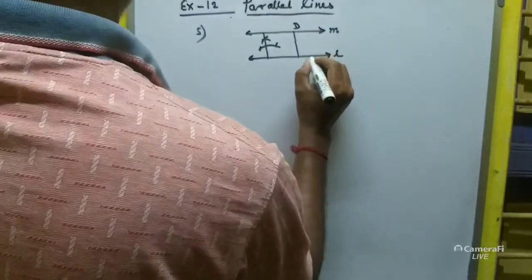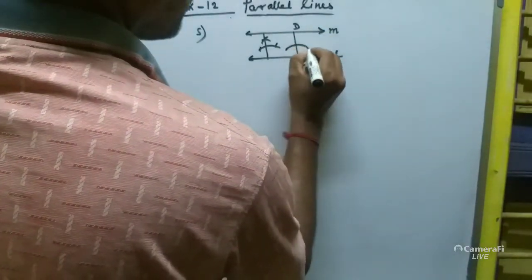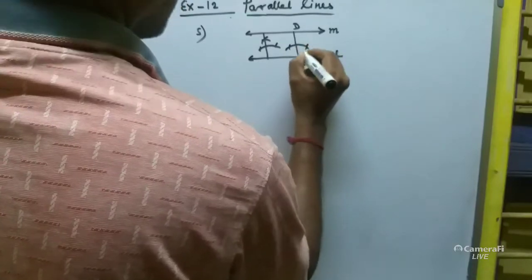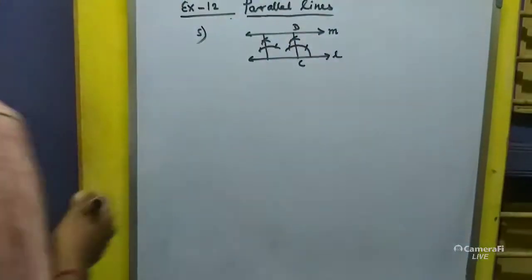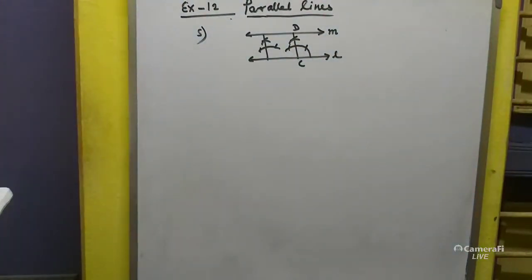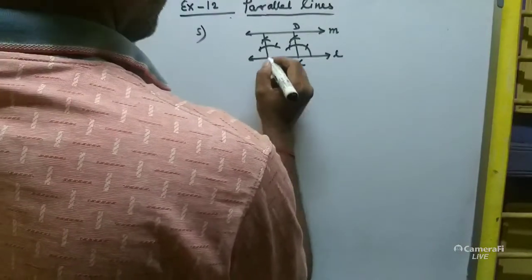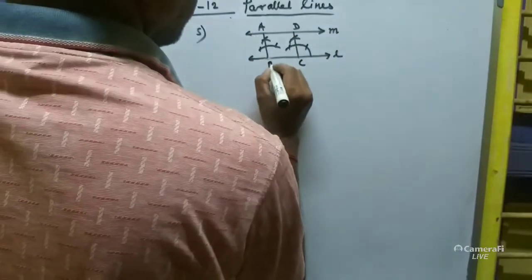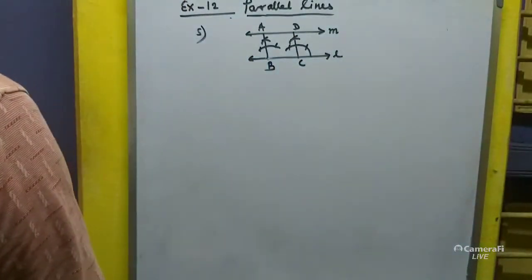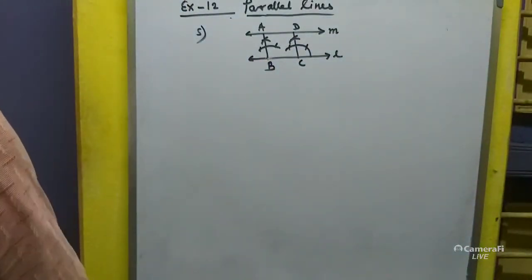So D and C you can draw it. Draw perpendicular lines, and this line is given the name AB. So AB is 2.3, CD how much?